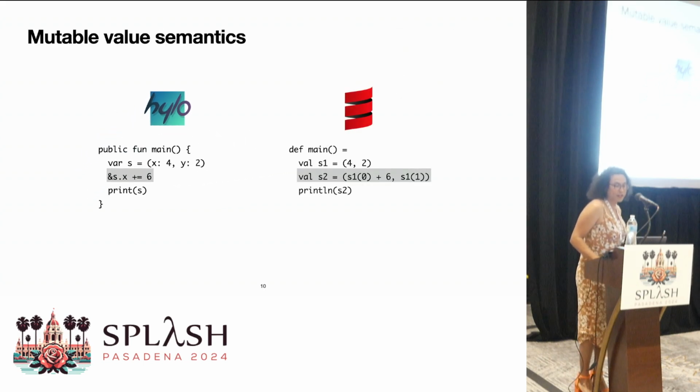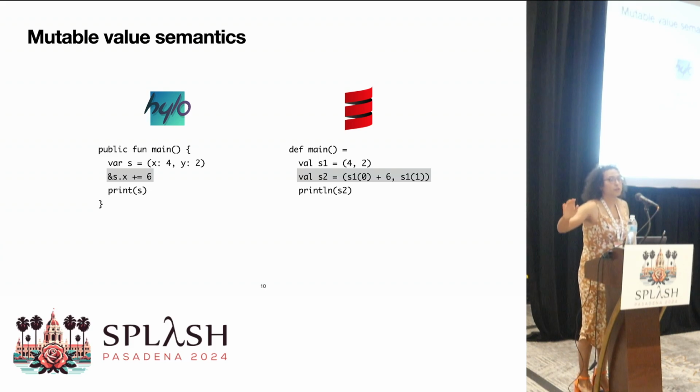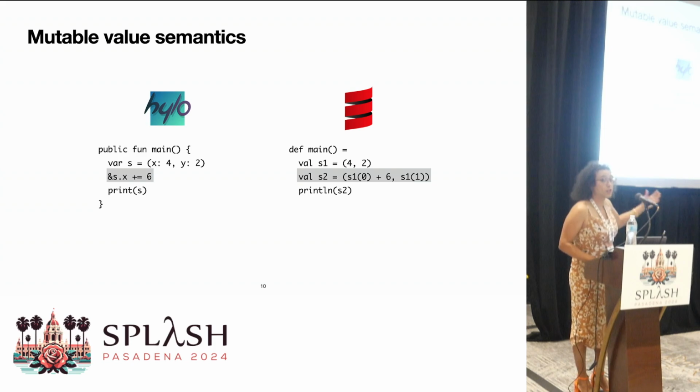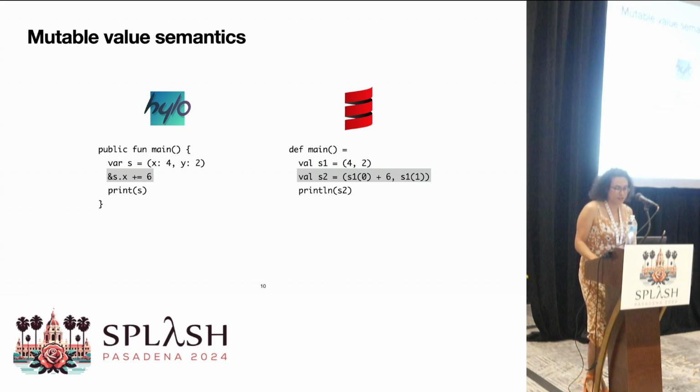That is in contrast with a functional update, which is what you would do in a more functional-oriented language. So for instance, here I picked Scala, where you would just reassign the whole pair to a brand new object. But if you do that, now you need to pay for the creation of a brand new object, instead of using the existing storage that you had.